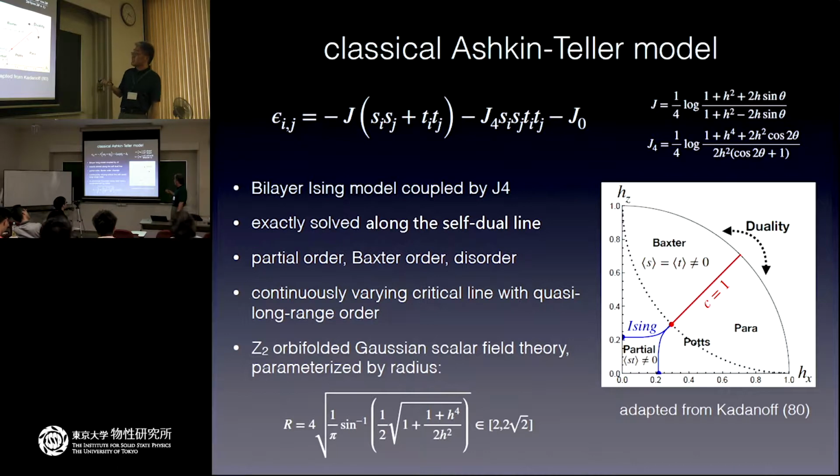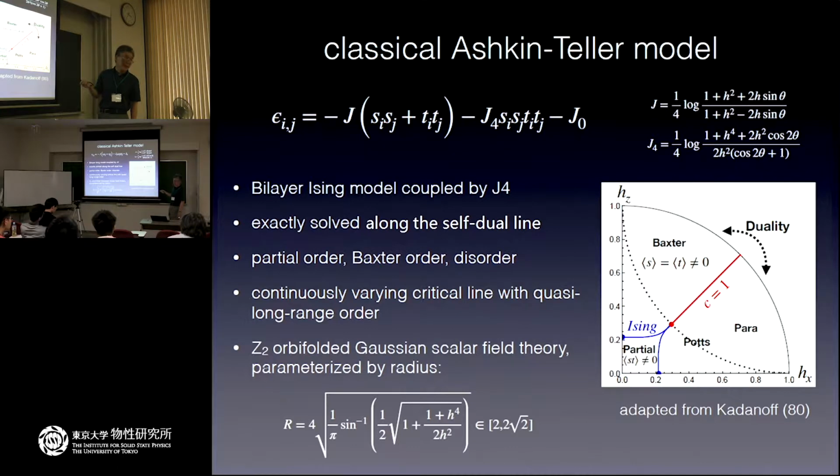In this model, you clearly see there are three different phases. One is this paramagnet phase sitting in this corner, and another phase sitting in this corner is called the Baxter phase, which is a long-range ordered phase in terms of the S and T operators, ferromagnetic order. Around this corner, there's a new phase called the partial order phase, which has order within a layer without interlayer order.